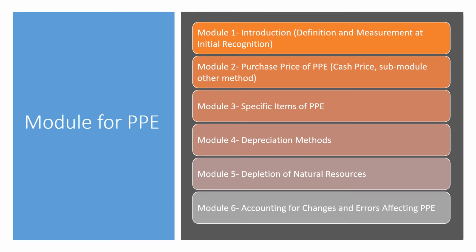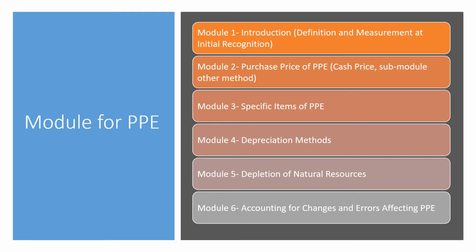The next module will be the computation of the purchase price of PPE, which includes the cash price, and this module is divided into different submodules, which will talk about other methods, other than the cash price method. Module 3 is about the specific items to be included in the property, plant, and equipment account.